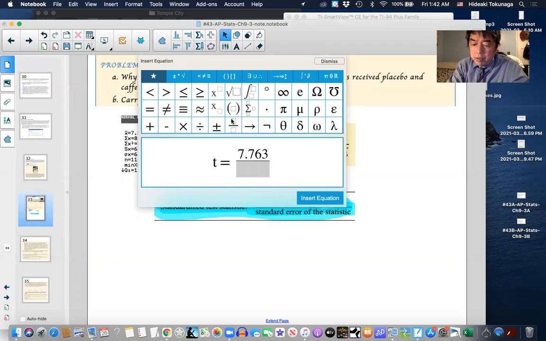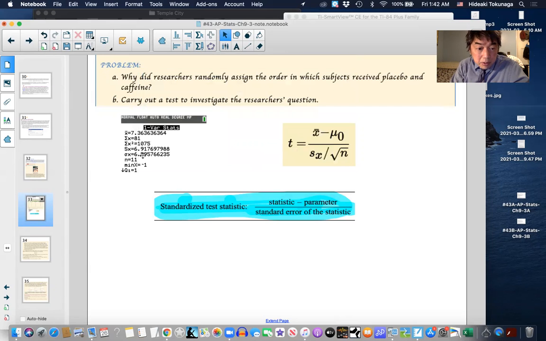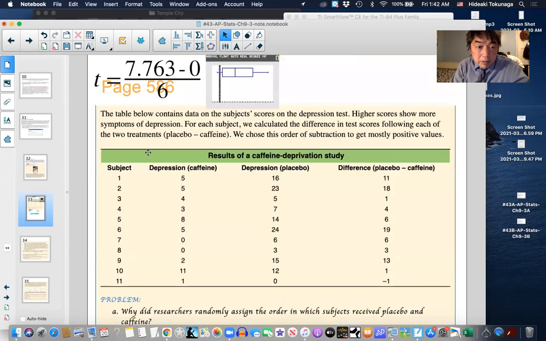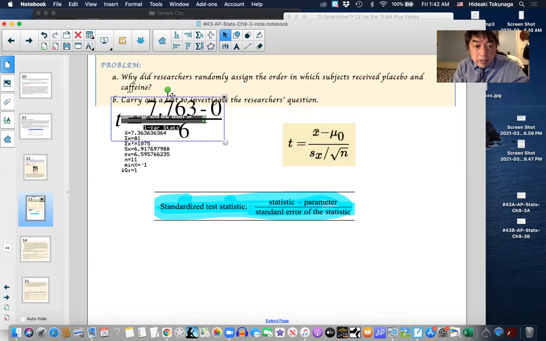And the mu of difference, the alternative, means the null hypothesis is 0. Now the standard deviation, 6 something. Okay, I put 6 now. Let's see, 6.9. So let me grab this calculator here.